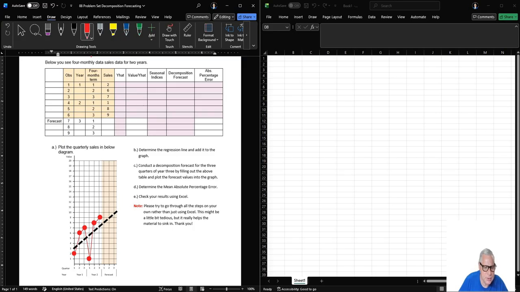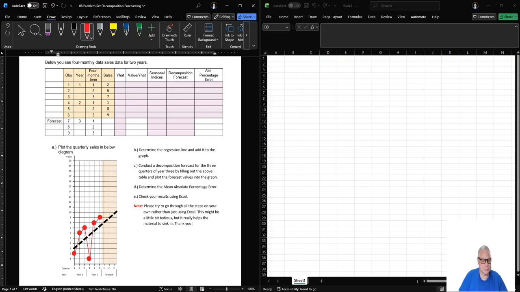a cyclical pattern. So if the first observation is indeed the spring semester, we seem to be below the trend line. And then the summer and fall, we are above the trend line. Then again, in the first semester of the second year, we are below the trend line, and then again above.